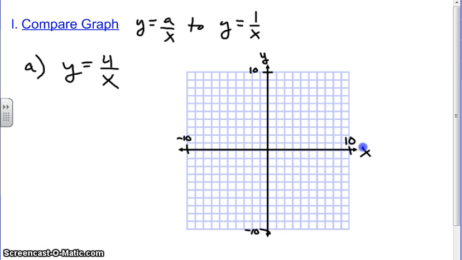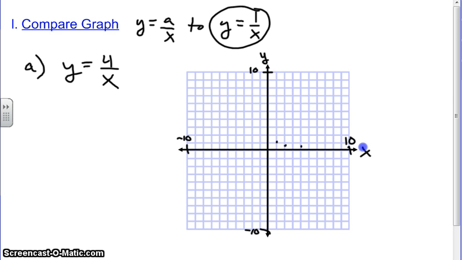We kind of know where it is. If we plug into the parent function an x value of 1, we get out 1. X value of 2, we get out 1/2. X value of 4, we get out 1/4. Even if I go clear over to an x value of 10, I get 1/10, right? So I'm approaching 0 but not crossing it.